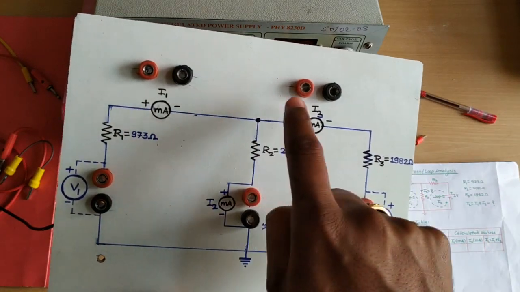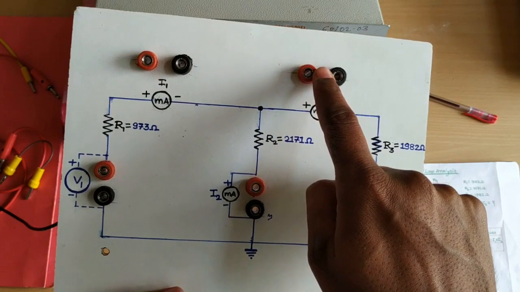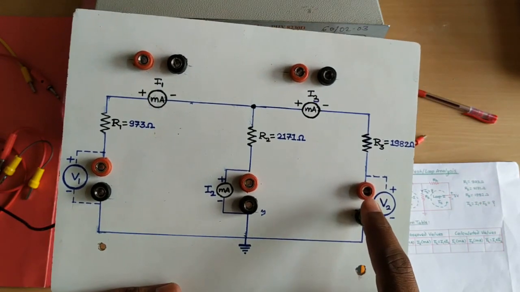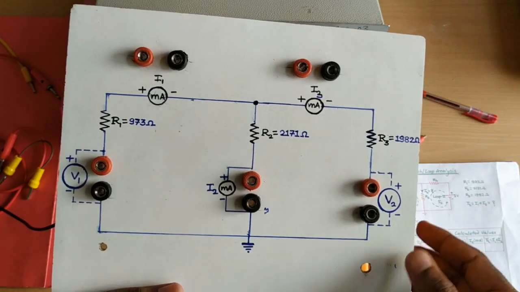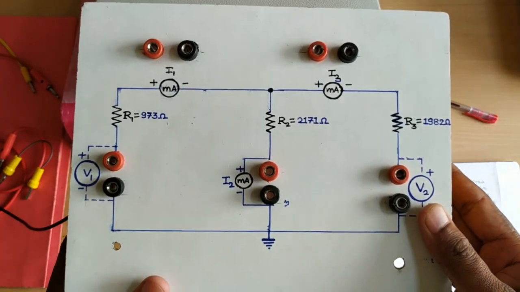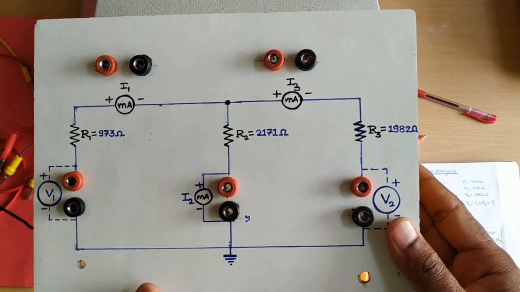These connectors are I1, I2 and I3. These are used for connecting external ammeters, and V1 and V2 are used for connecting the external power supply. The same experimental kit can be used to perform numerous experiments in electrical circuits.